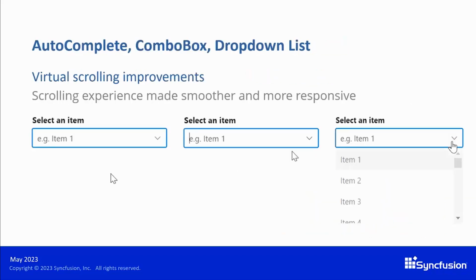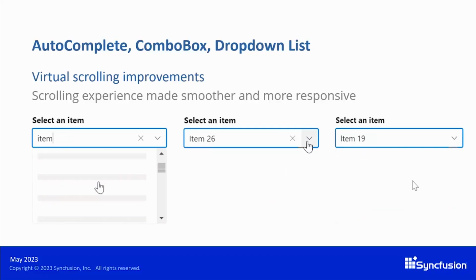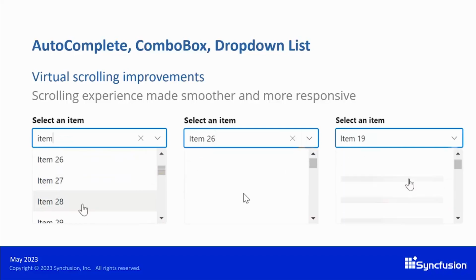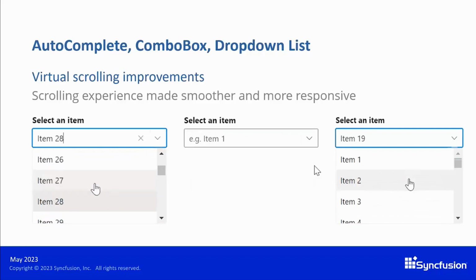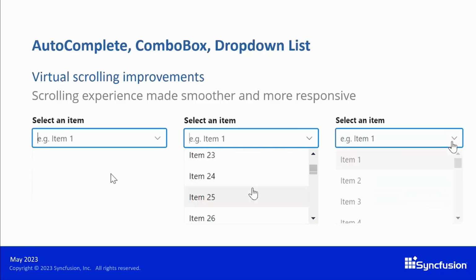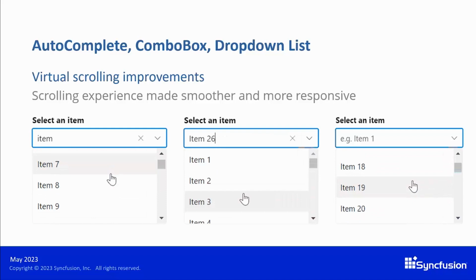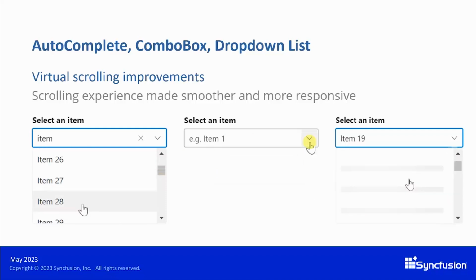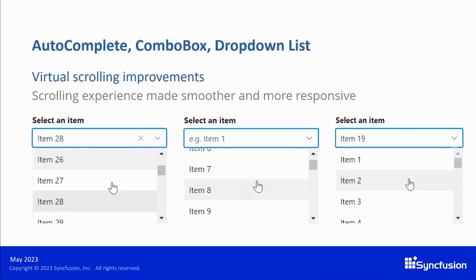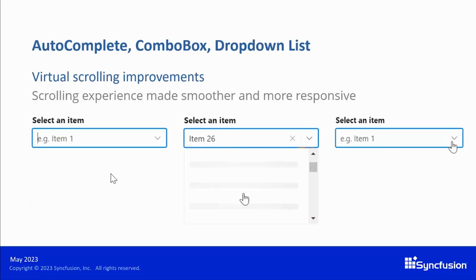And next to these three components, autocomplete, combo box, and drop-down list components, virtual scrolling improvements have been made. So previously, some infinite scrolling kind of things were available in these components. Now it has been improved and made to load a large amount of data.